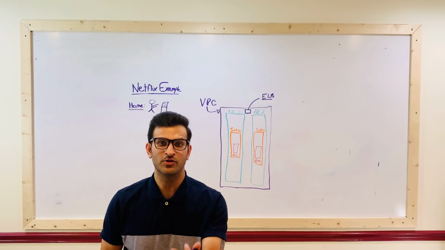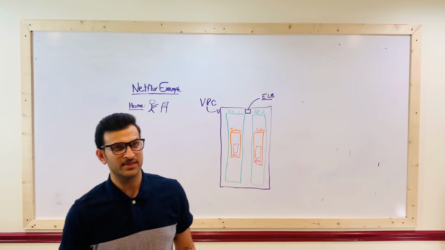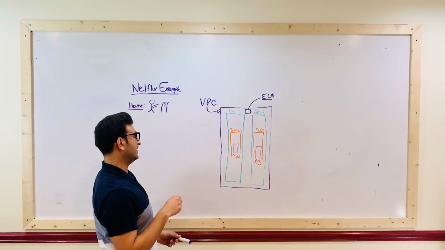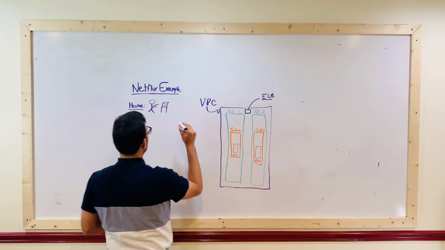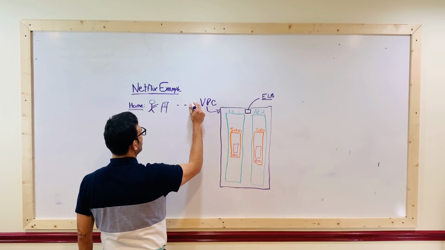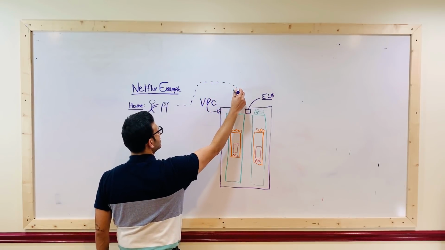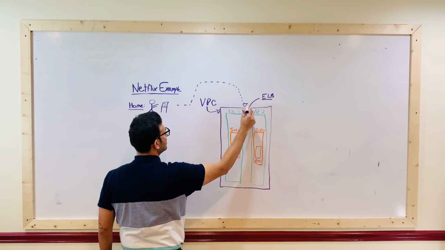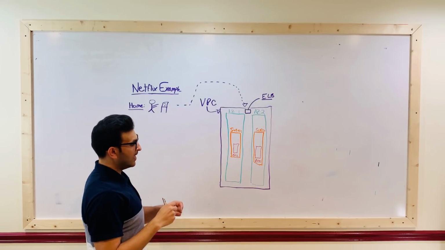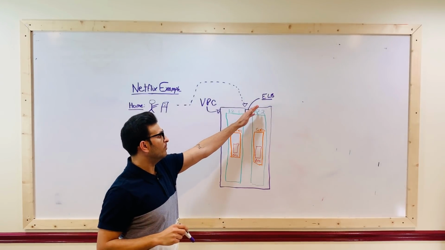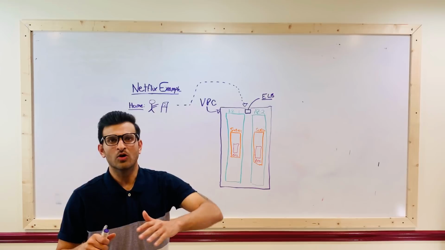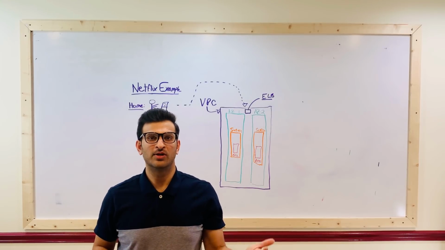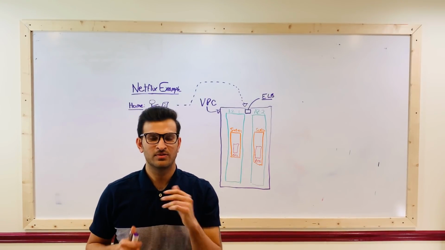Whatever show is your favorite show, you're trying to access it. In order to access that show, when you click on it, it actually goes here, and the elastic load balancer basically says, okay, which instance can handle this person's request to watch this show, right?